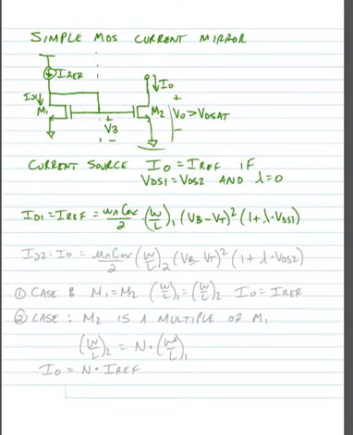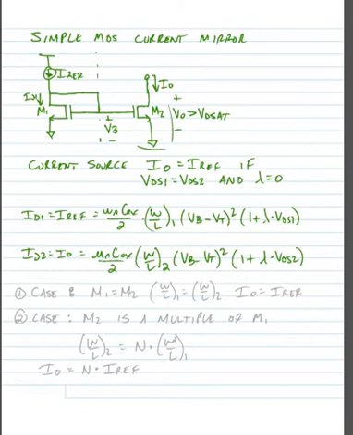And we also know that the output current, which would be the drain current for transistor 2, ID2, is equal to IO, is equal to mu n C ox over 2 times W over L2 times VB minus VT squared times 1 plus lambda times VDS2. So these are just the equations for transistors operating in the saturation region.